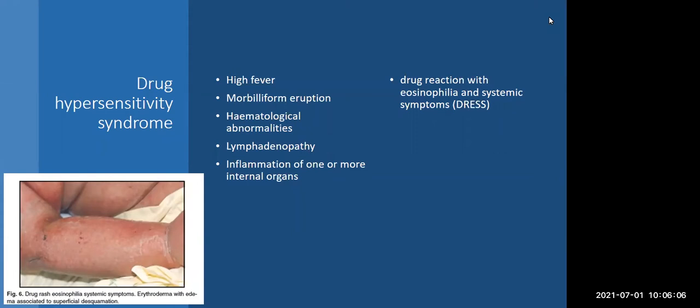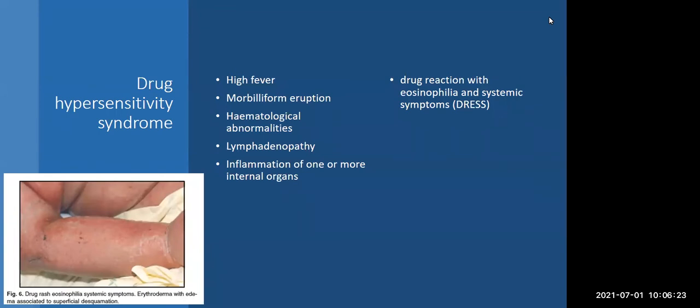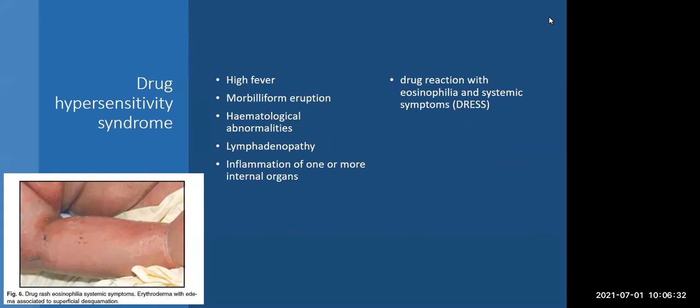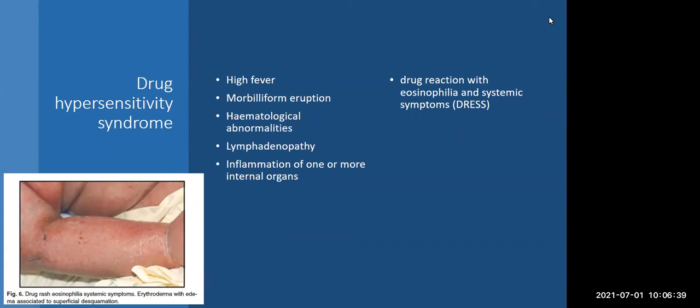Any child presenting with temperature and rash, that's a very common presentation in the emergency department. But if you examine the child and they have lymph nodes, yes, there is an infection, but think about hematological abnormalities, along with inflammation of different organs, and again we'll talk about that as well. You can see one of the photographs.